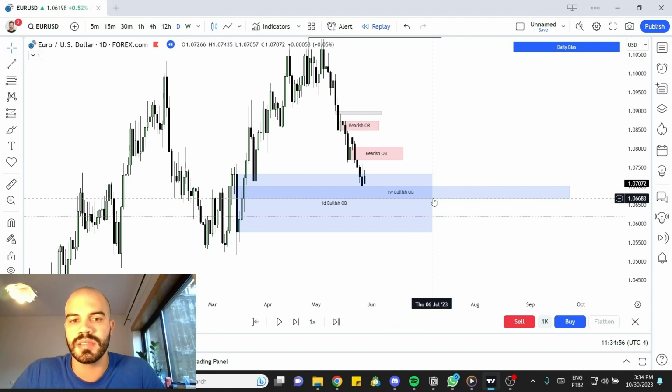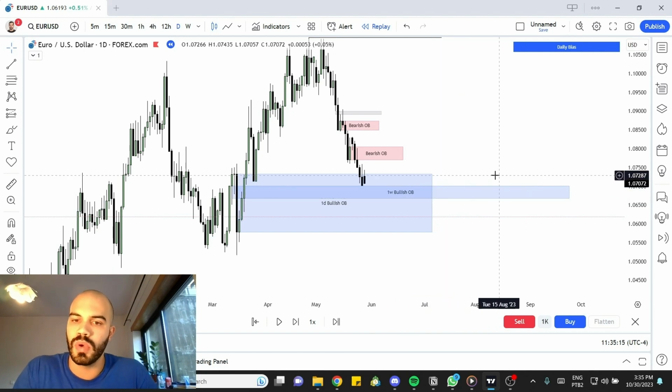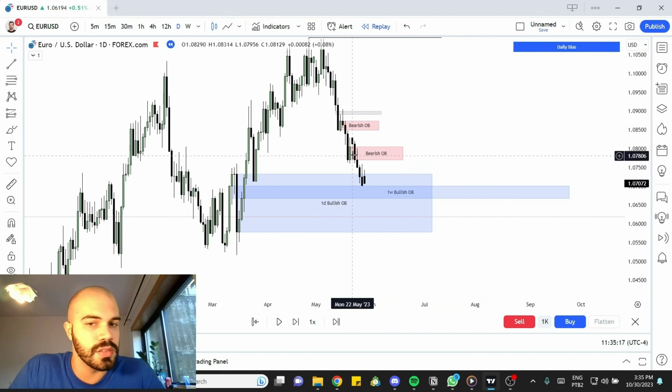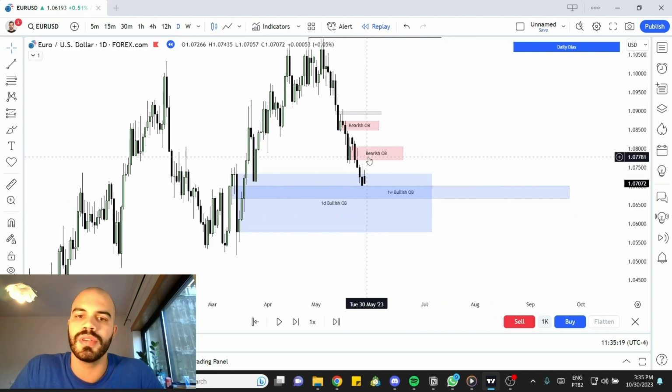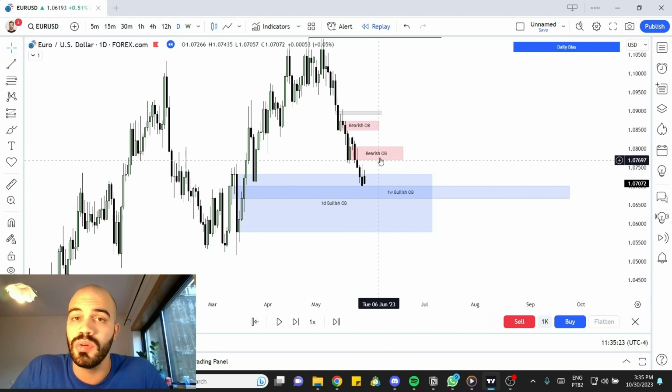And since it's a higher time frame than the daily time frame, the hierarchy is higher in this relation between those two time frames. So the priority I have to have in my mind is that it will probably respect the weekly bullish order block and just go through, or either show a reaction to the bearish order block to then continue moving up.